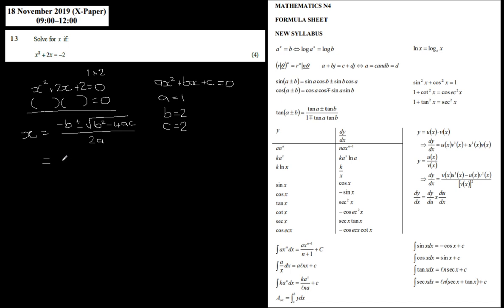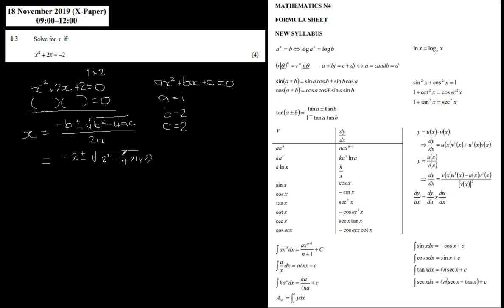So negative b is 2, so it's going to be negative 2, plus minus the root of b squared, which is 2 squared, minus 4 times a, which is 1, times c, which is 2.